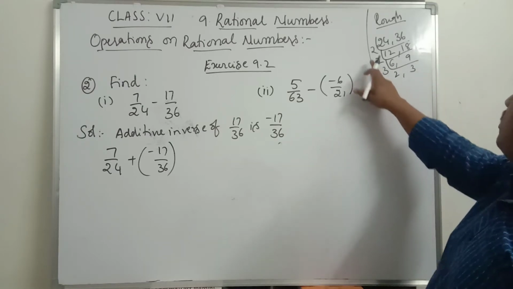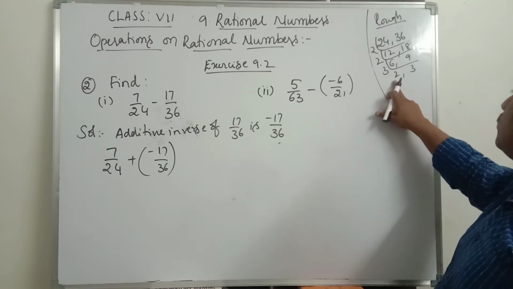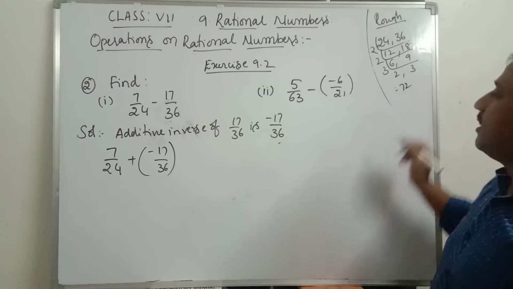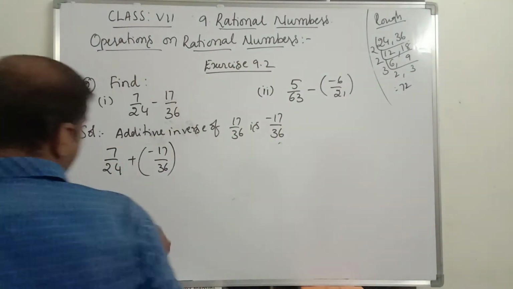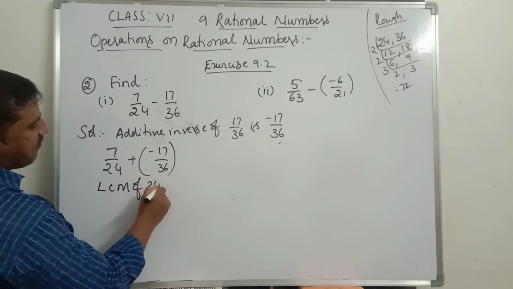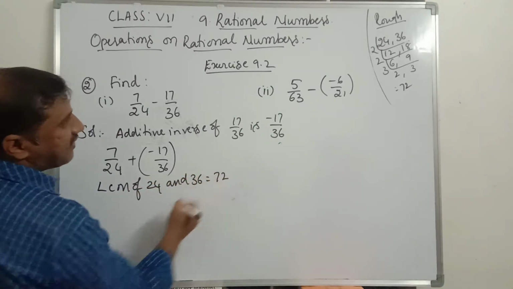Now multiply all: 2 into 2 is 4, 4 into 3 is 12, 12 into 2 is 24, 24 into 3 is 72. So the LCM of 24 and 36 is 72.